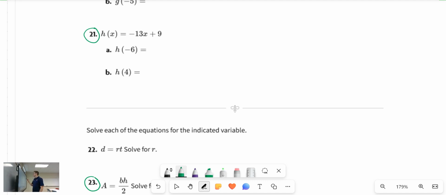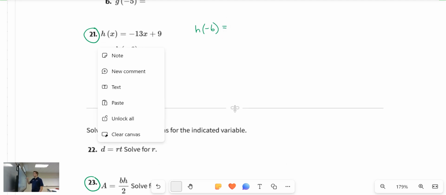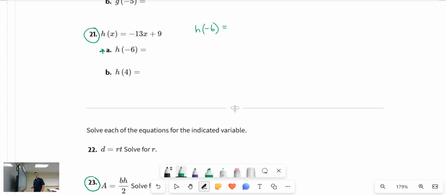So let's do that. We are going to rewrite this as h of -6 equals, and we'll do this one in green. h of -6 equals -13 times -6 plus 9. If we have a negative times a negative, that's going to be a positive. So now we just have to figure out what is 13 times 6.